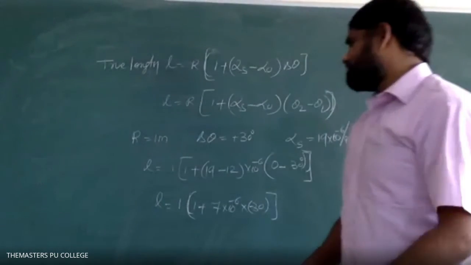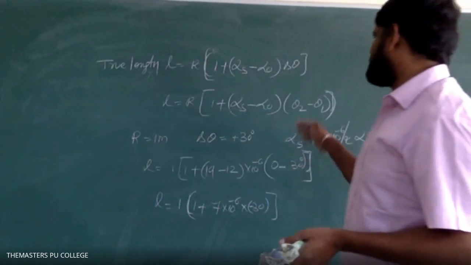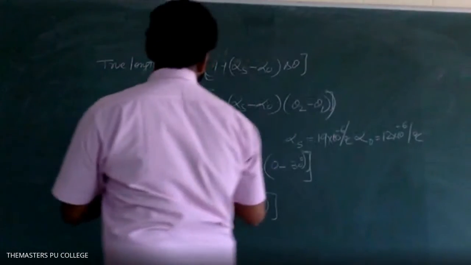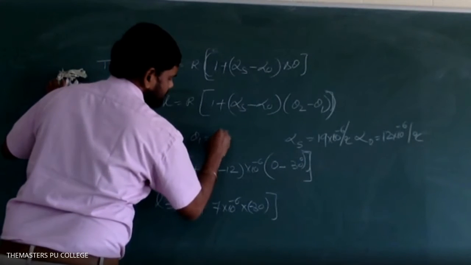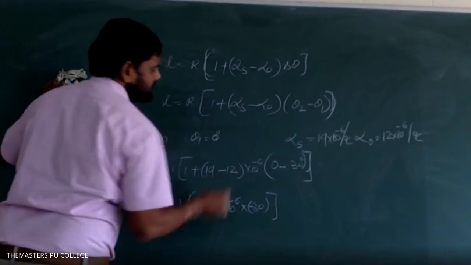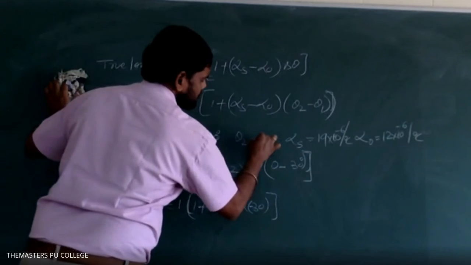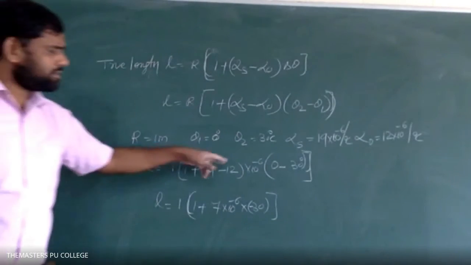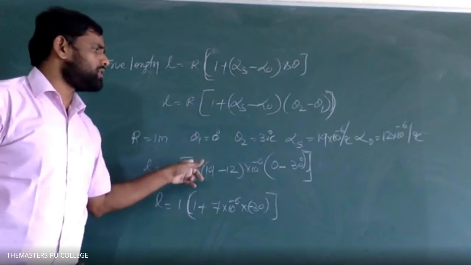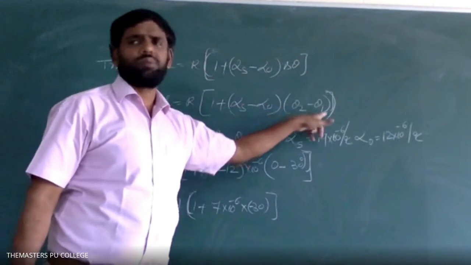Initially, theta 1 and theta 2 are the temperatures. Theta 1 equals 0 degrees centigrade, at which the scale is calibrated. Theta 2 is 30 degrees centigrade. If theta 2 were less than 0 degrees centigrade, then it would become negative.